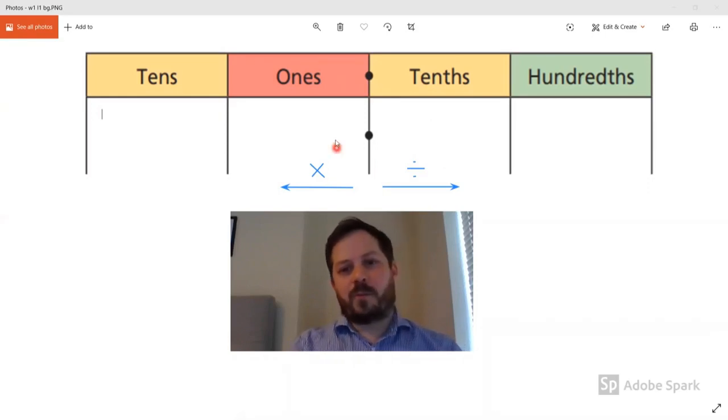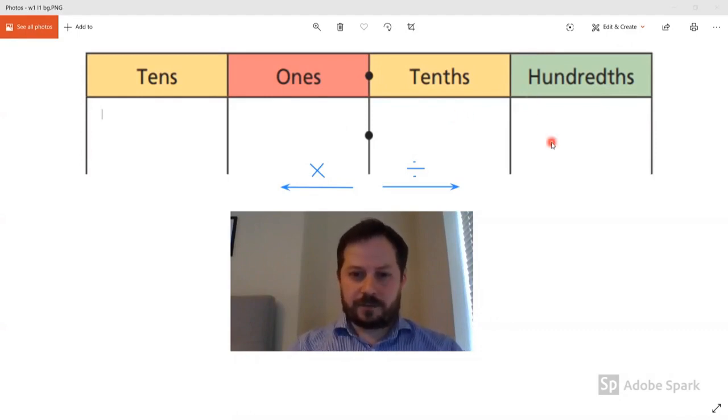If we know that one step is timesing by 10, another step in either direction would be timesing by 10 again. 10 times 10 is 100. So when we are timesing or dividing by 100, we need to shift our digits 2 steps.